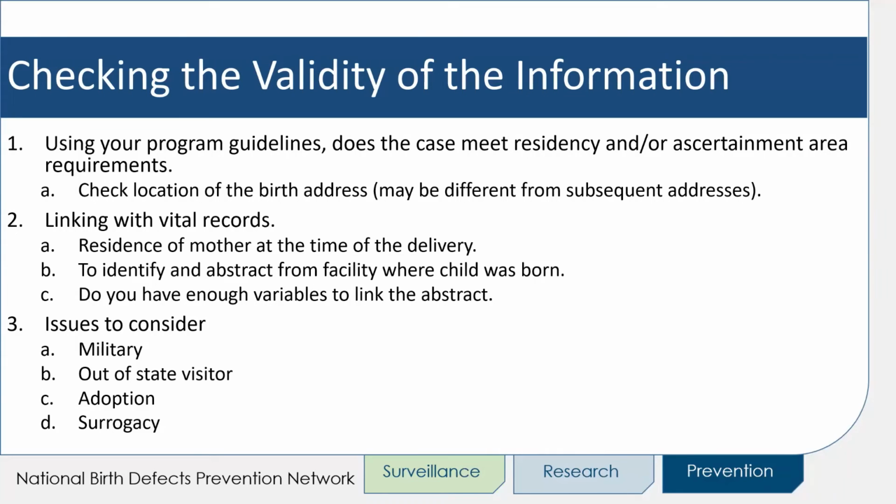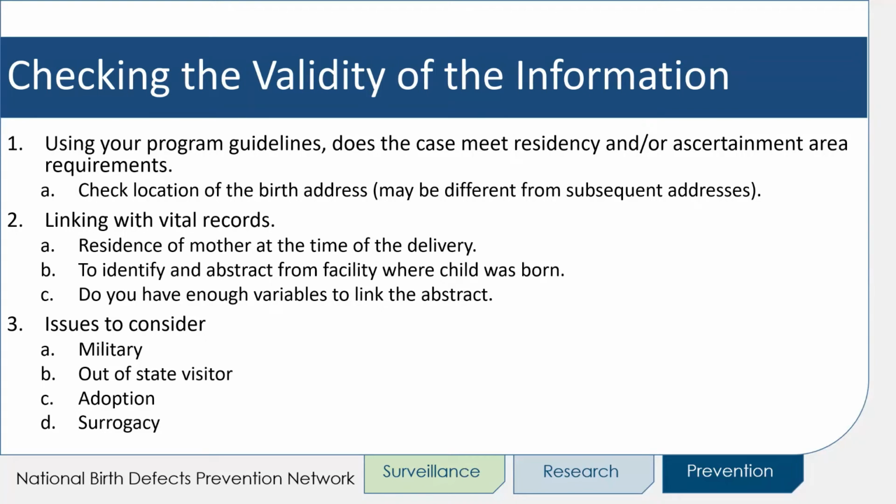Let's discuss checking the validity of the information. Using your program guidelines, does the case meet residency and/or ascertainment area requirements? Check location of the birth address. It may be different from subsequent addresses.